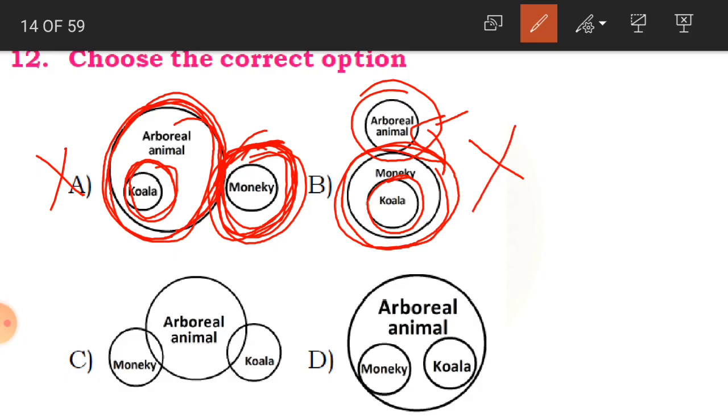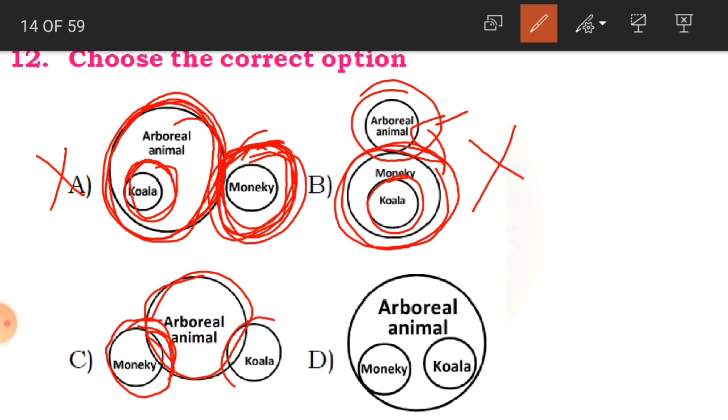Here, what is there? See, here you can see a big circle which is telling arboreal animal. But see this part of the circle which is named monkey: some part is inside the arboreal circle and some part is outside the arboreal circle.